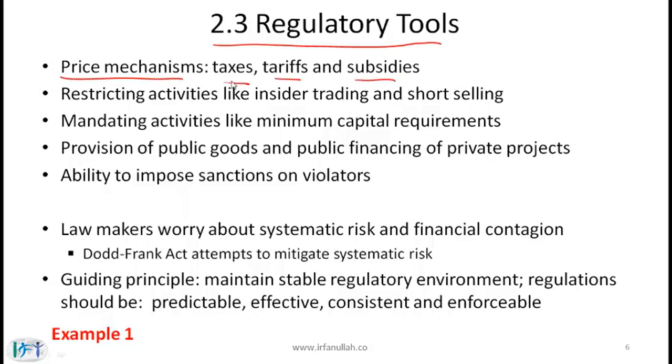If, for example, you take the cigarette industry, which has heavy negative externalities, one of the price mechanisms that can be used is to tax the cigarette industry. If you want to discourage foreign goods in your country, you can impose tariffs. If a given industry has immense positive externalities, you might want to subsidize them. So these are examples of price mechanisms.